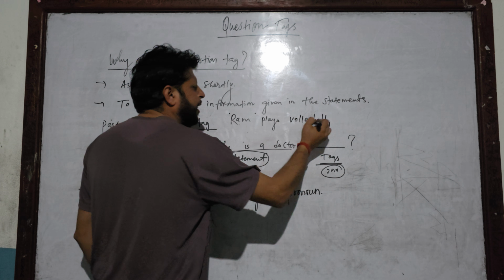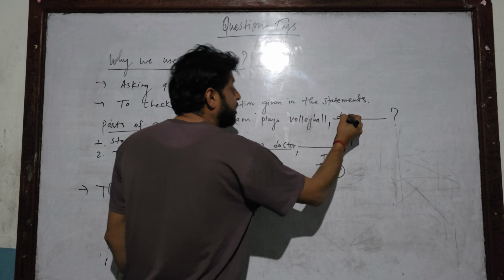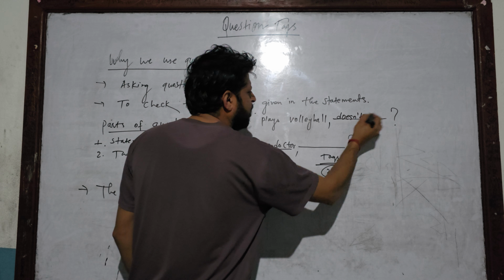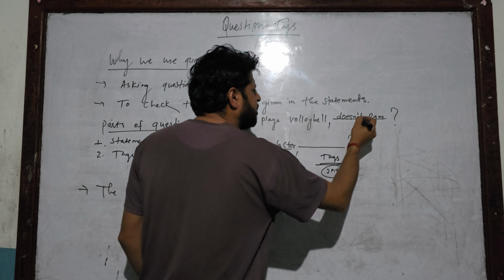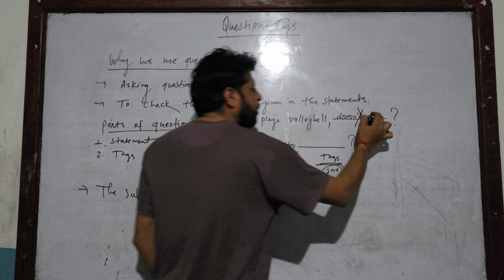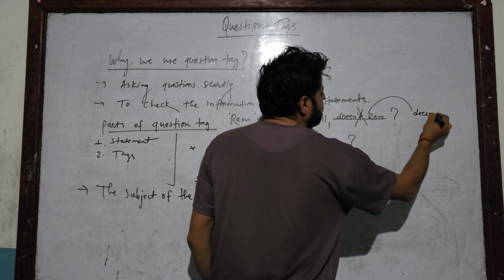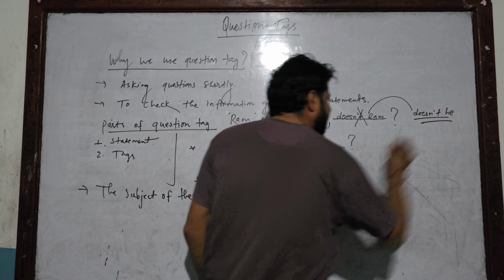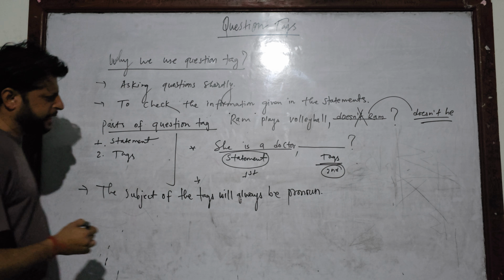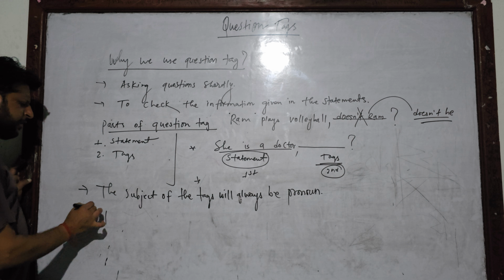Whenever we write tags of this question, we can't write doesn't Ram. We don't write doesn't Ram. Instead, what we write is doesn't he.